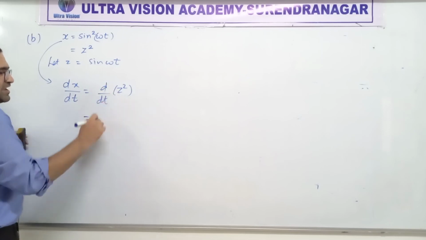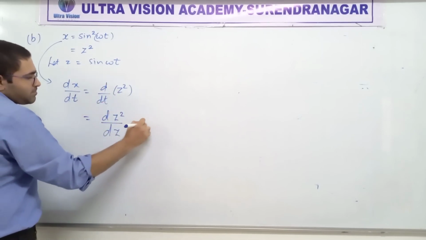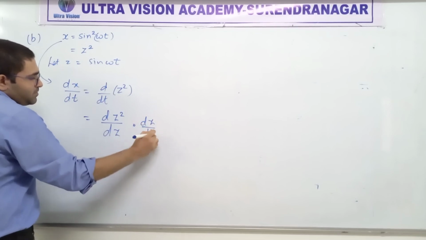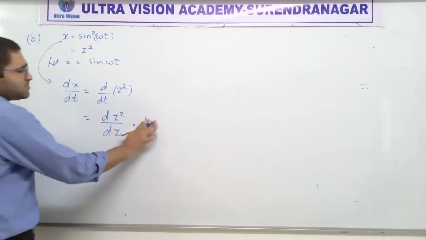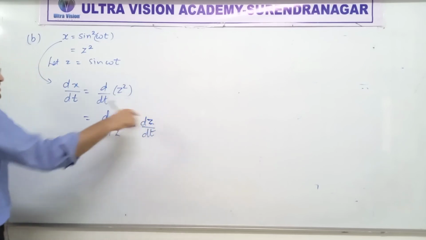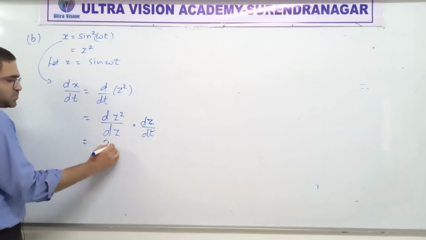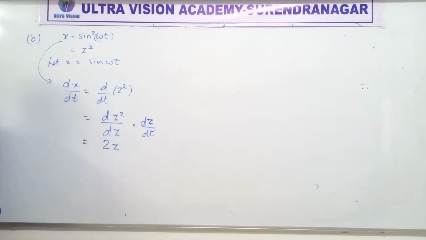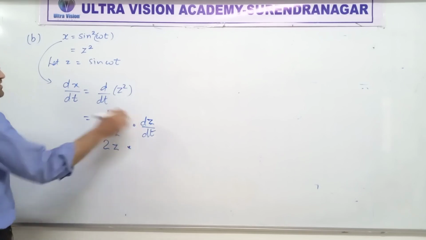Here we'll have to use the chain rule. So this is now dz square by dz into dz by dt. dz square by dz is 2z, using the powers rule, n x raised to n minus 1, into what is dz by dt?